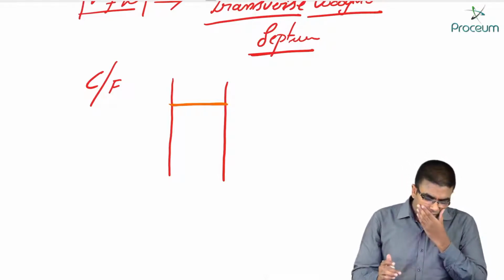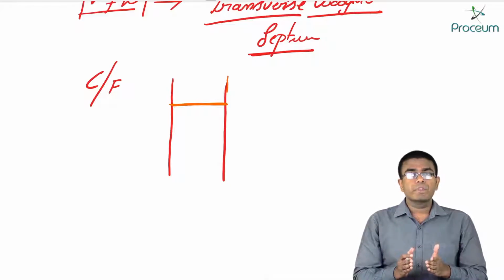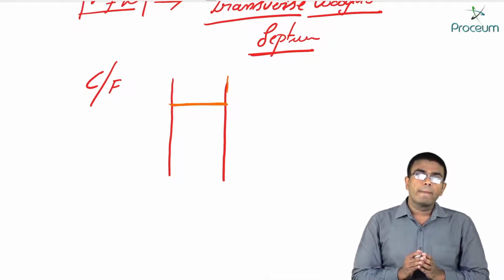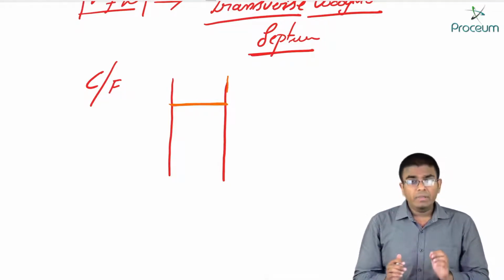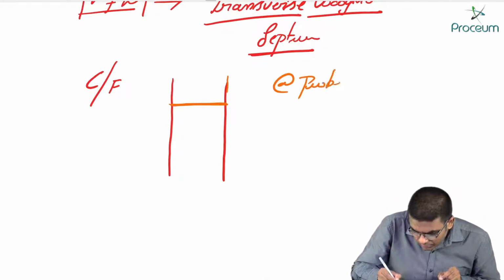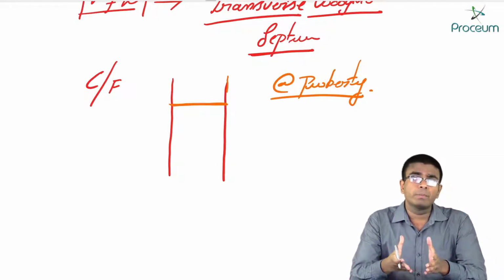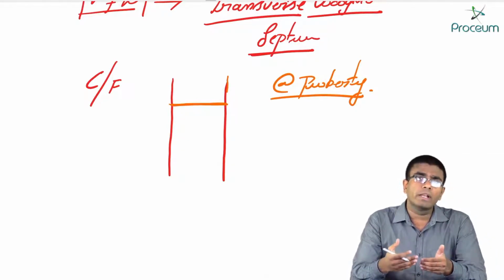Okay, let's continue. If she is having this kind of a septum, how is she going to present to the clinic? Especially when she attains puberty. At puberty, a female is going to have her normal regular menstrual cycles.